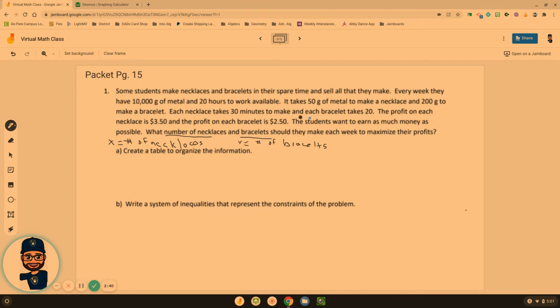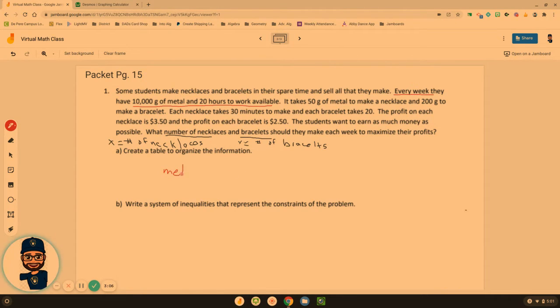It takes 30 minutes here, it takes 20 minutes there for a bracelet. But what are the constraints on that? And the constraints were found in the sentence before that. Every week, they have 10,000 grams of metal and 20 hours to work available. So those are the constraints. I can't go over 10,000 grams of metal, and I can't go over 20 hours of work. And so that's going to be our constraints.